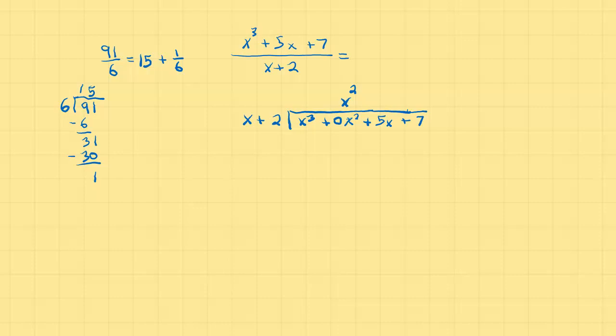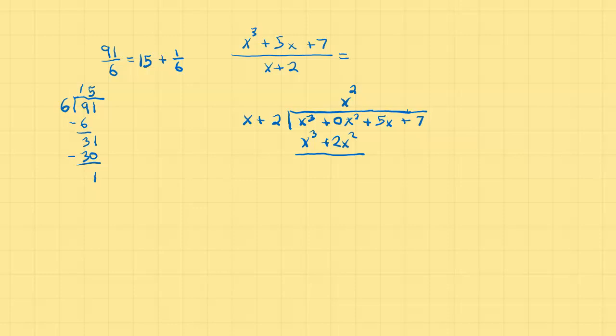Now, x squared times x is x to the third. That's what we wanted. We want these to be the same, x to the third and x to the third. And now we're going to take the x squared multiplied by the 2. So that's going to be plus 2x squared. Now we're going to subtract. You have to be careful when you subtract here. We'll subtract vertically. So x cubed minus x cubed is 0. Now, I'm not going to put a 0 below.